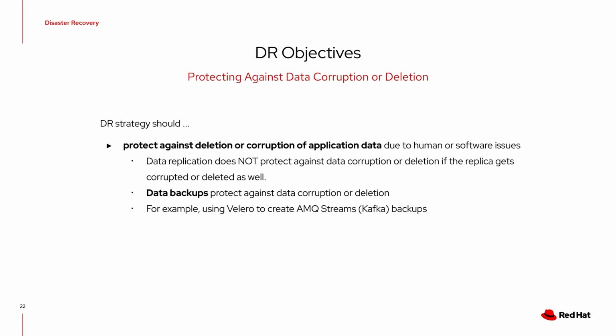Replicating between regions doesn't help because the replication exactly replicates the primary replica. And so the corrupted data will be just replicated into the secondary region, and you will be corrupted on both sides.